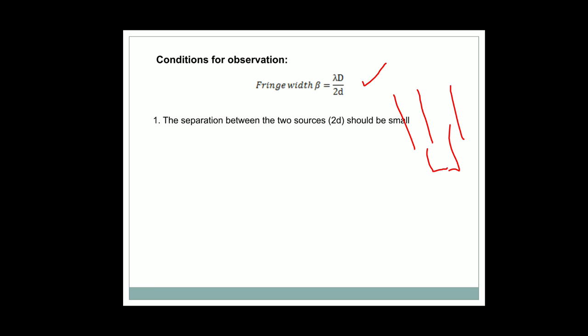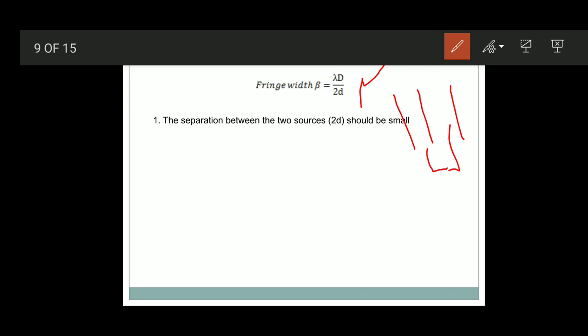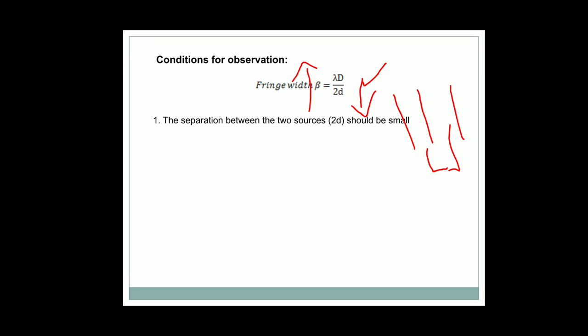The first one is that the separation between two sources, 2d, should be very small. As shown in this figure, if small 2d is very small, beta is very high. So to observe the interference fringes, the fringe width must be more. So if 2d is very small, we can see the interference fringes easily. The second condition is that the distance capital D between the two sources and the screen should be large.